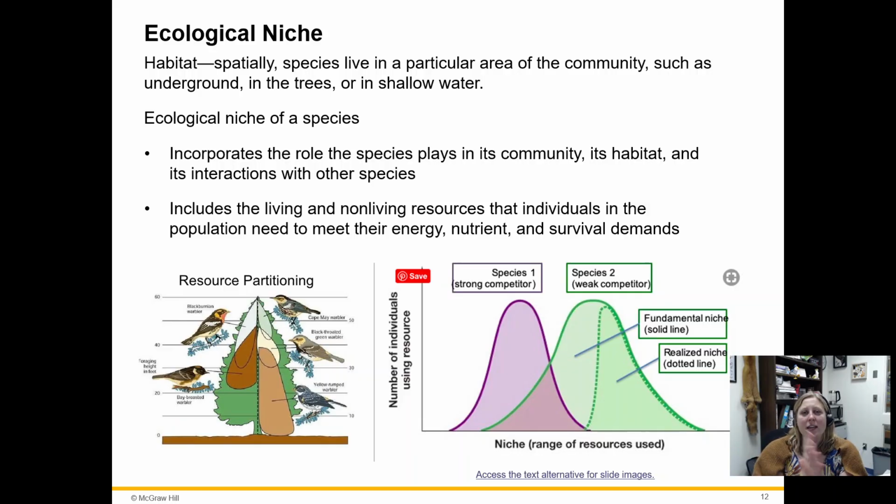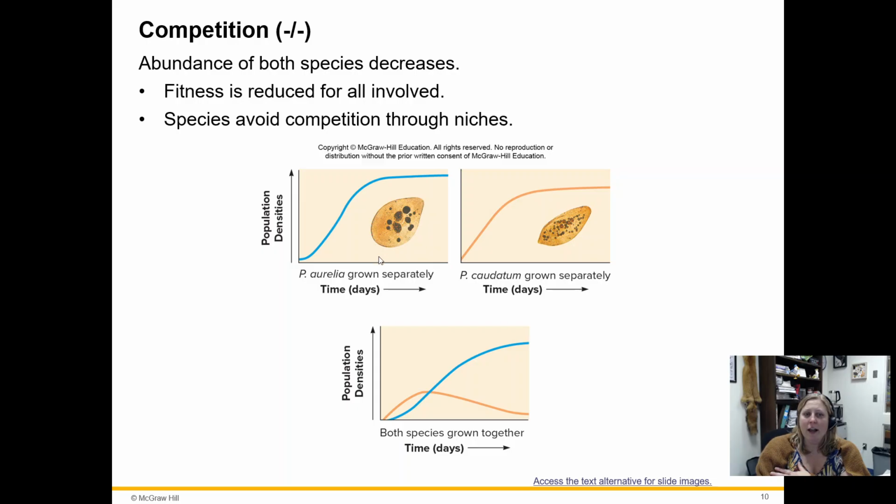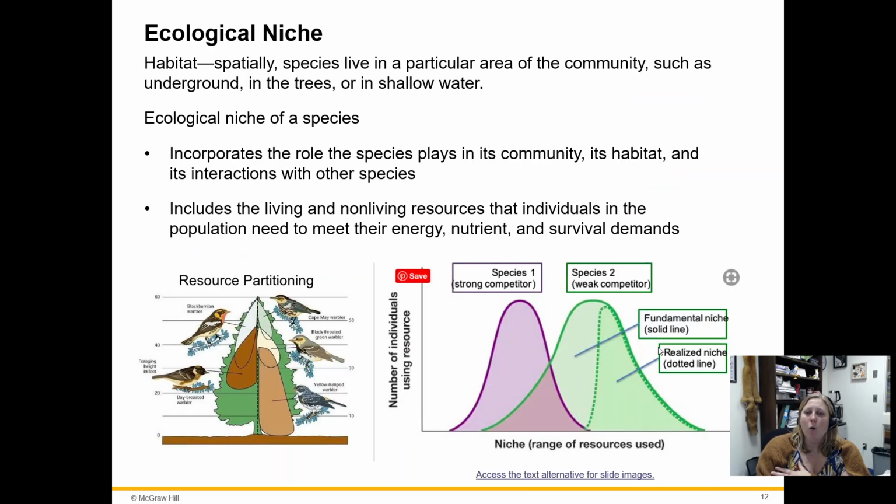They may not be in the same environment because Paramecium caudatum is not as strong a competitor as Paramecium aurelia, where Paramecium caudatum might be able to utilize the entirety of that pond water. I'm only going to find them on particular algae, where I'm going to find Paramecium aurelia utilizing the rest of that resource. Okay, we see this kind of role being pushed onto these organisms as a way of avoiding competition.